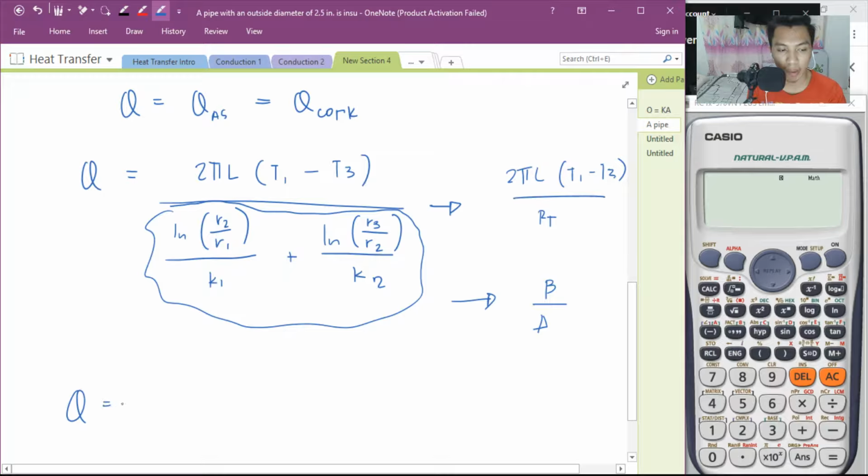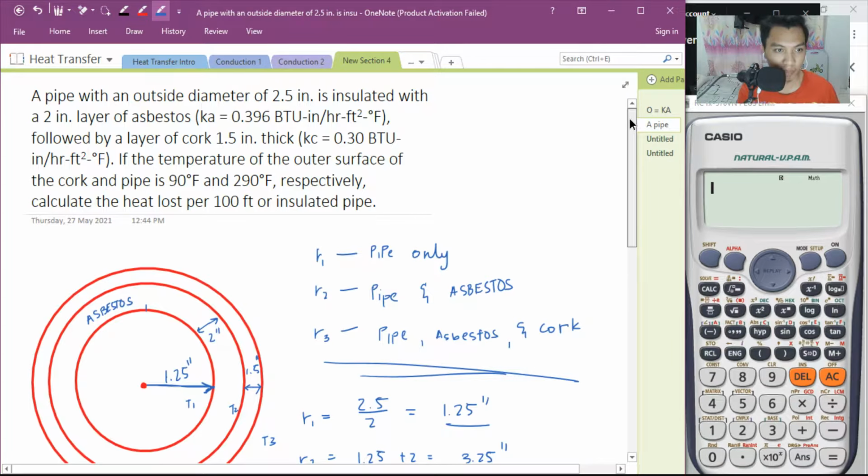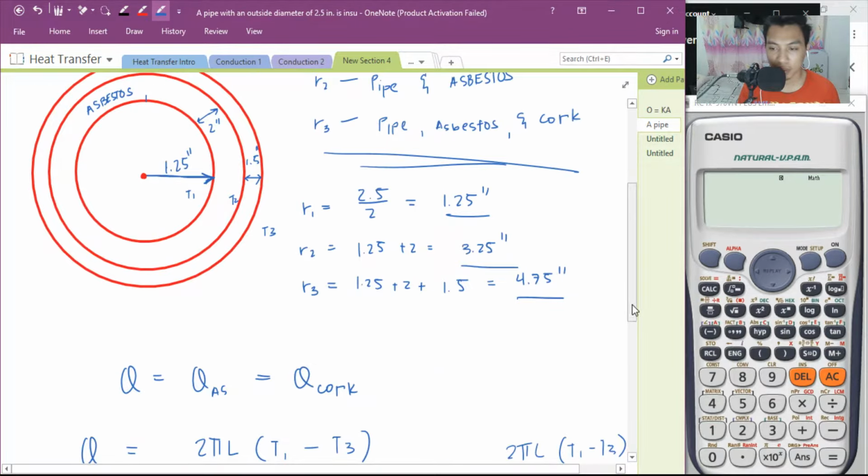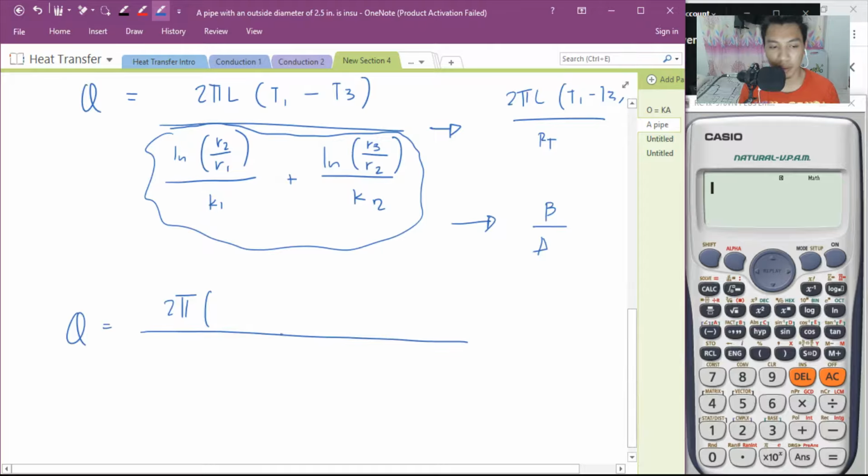Okay? Lista muna natin sila isa-isa. 2 pi, what is the length na given there? The length that is given there is 100 feet.